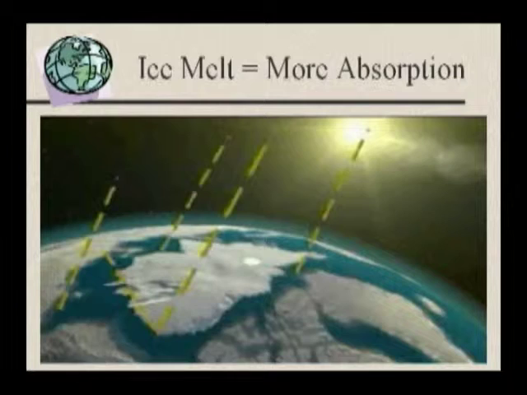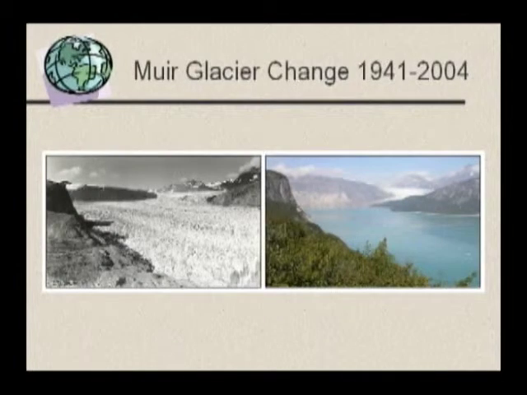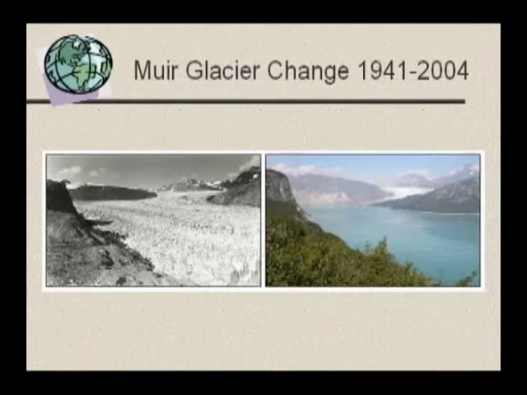But as the ice melts, we lose that capacity. So more light is being absorbed now than before. It's not being reflected anymore. And we're experiencing significant decreases in glaciers in a very, very short period of time, as these things usually take much longer to change.